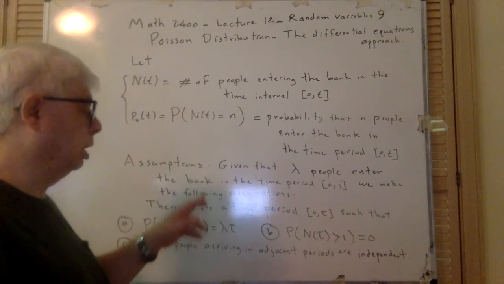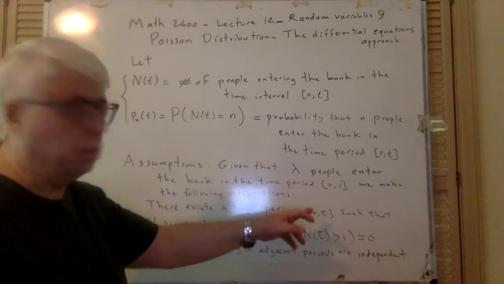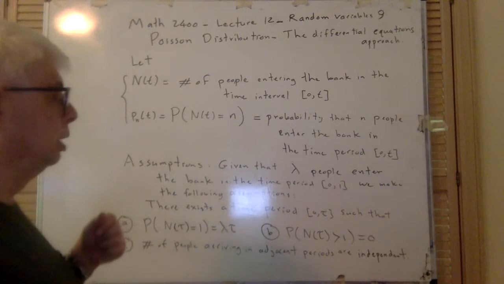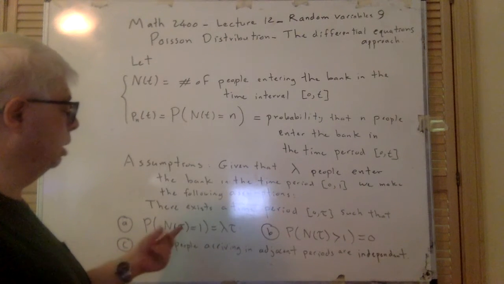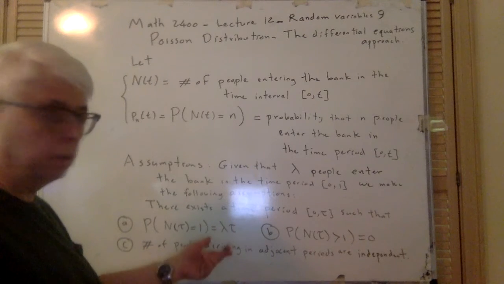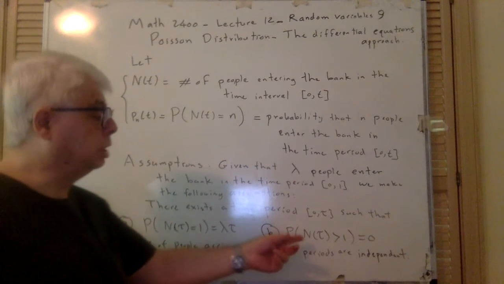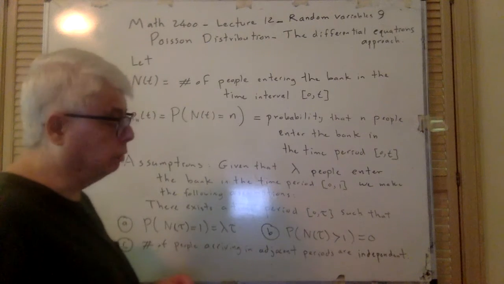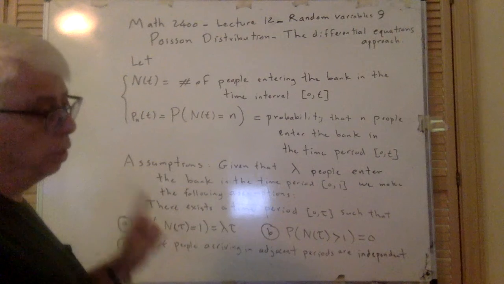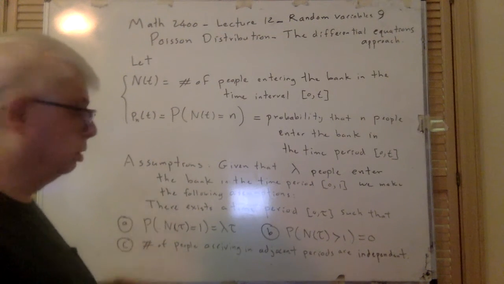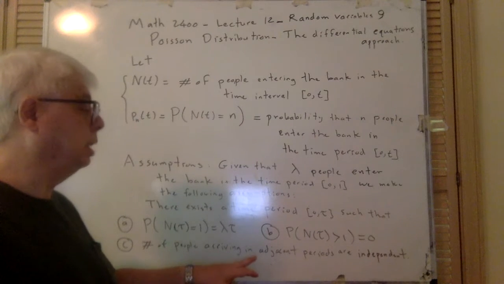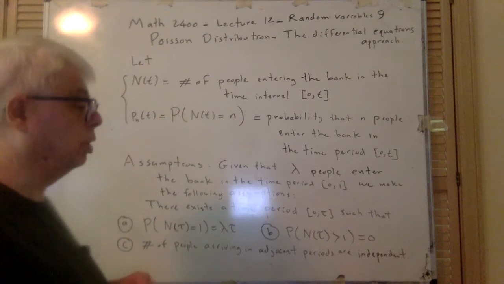There exists a time period (0, tau), the time period I discussed last time, such that the probability that in this time period only one person arrives is lambda tau, and the probability that more than one arrives is 0. So in this time period, either one person arrives or nothing. And the number of people arriving in adjacent periods of time are independent.